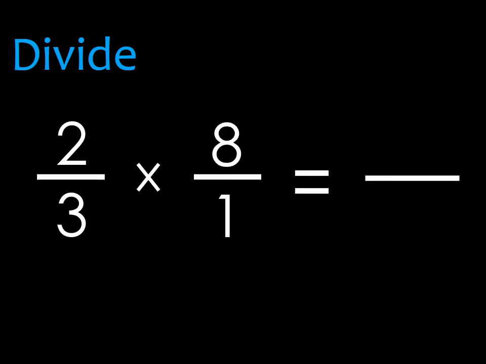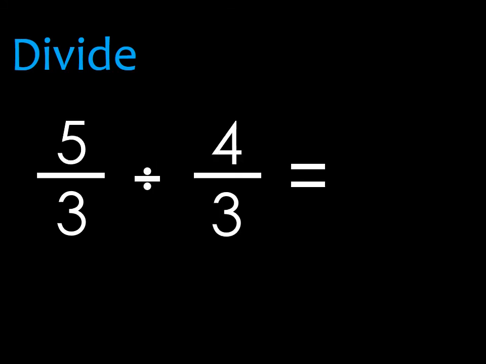And then, dahil multiplication na to, proceed to the rules of multiplication of fractions. 2 times 8 is equal to 16, and 3 times 1 is equal to 3. Check if your answer is still not on its lowest term. Kung hindi pa siya lowest term, you have to reduce it. If it is in its lowest term, you can stay with that given or answer.